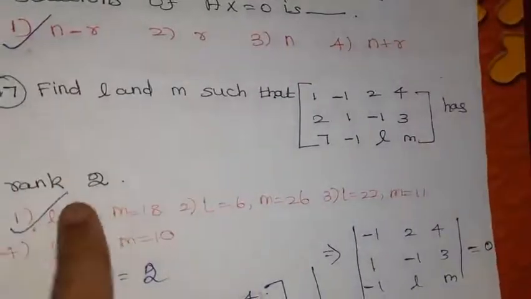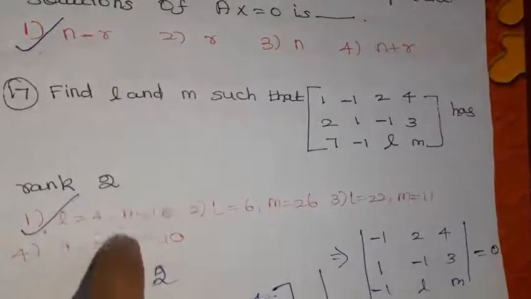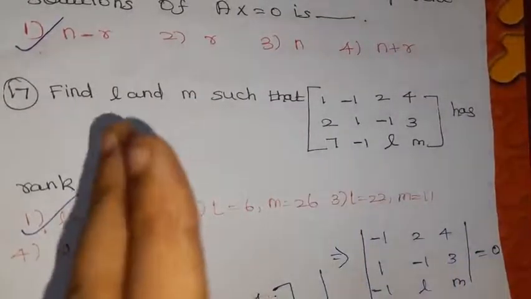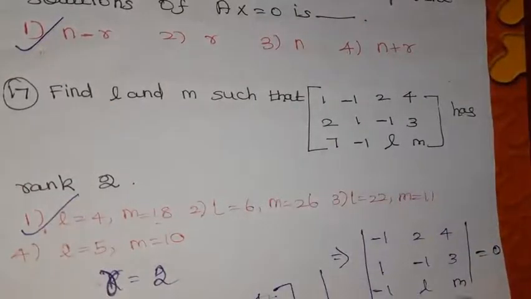Which one is the clue point here? The clue is given as rank 2. Rank is given as 2 means the 3 cross 3 minor vanishes. We can equate that to 0 and find one equation.